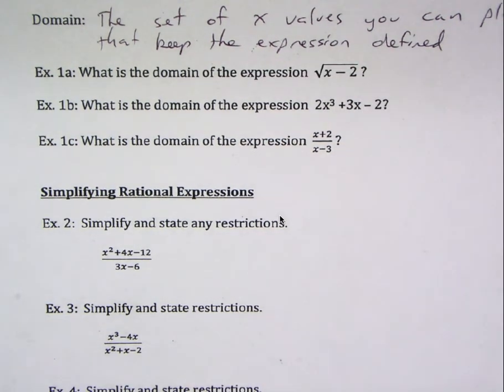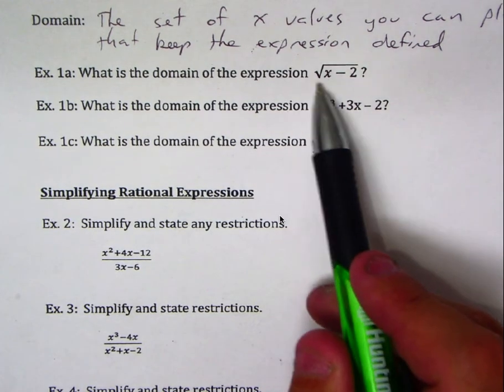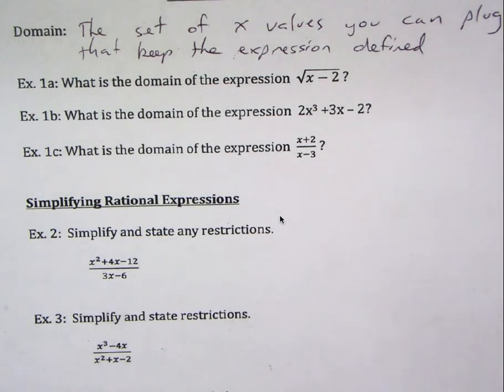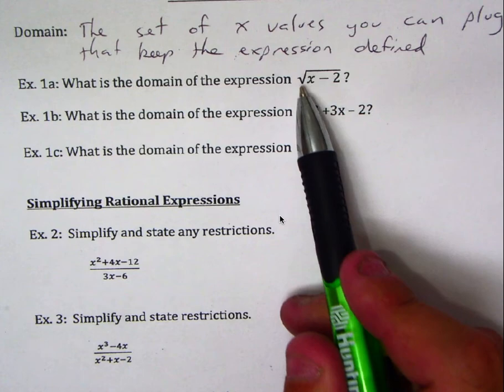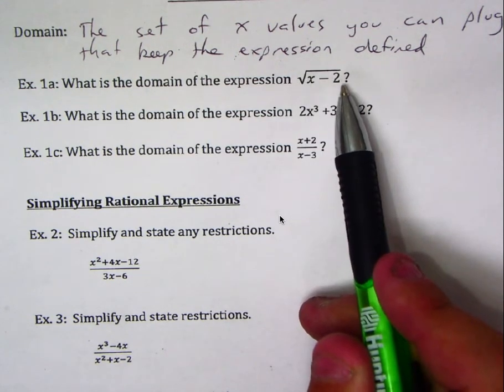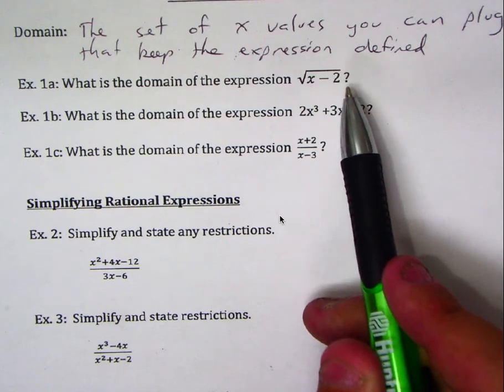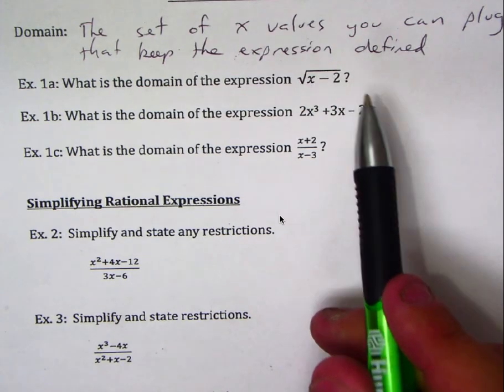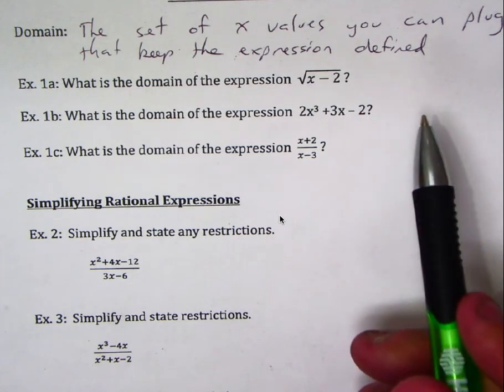It's hard to think in terms of what you can plug in. In my opinion, the better way to think about it for square roots is what can't you plug in? What types of numbers can you not take the square root of? That's how we have to start this problem. Think to yourself, what types of numbers are you not allowed to square root, such that you don't get an actual value?